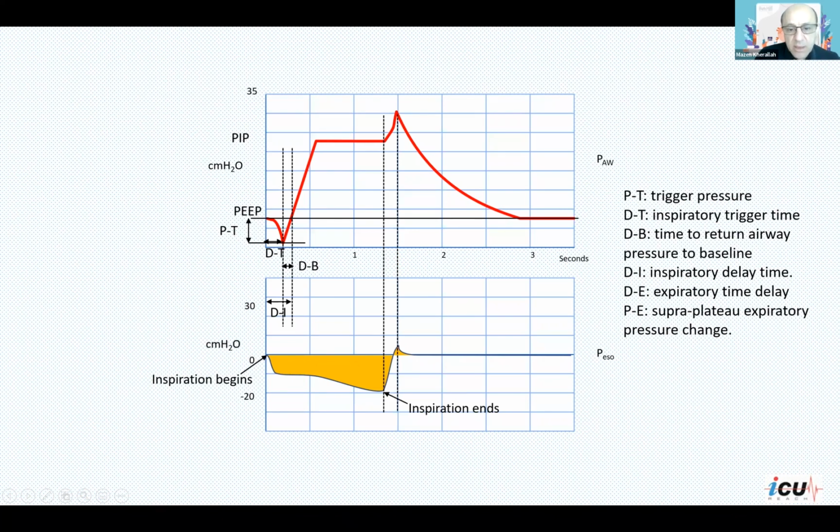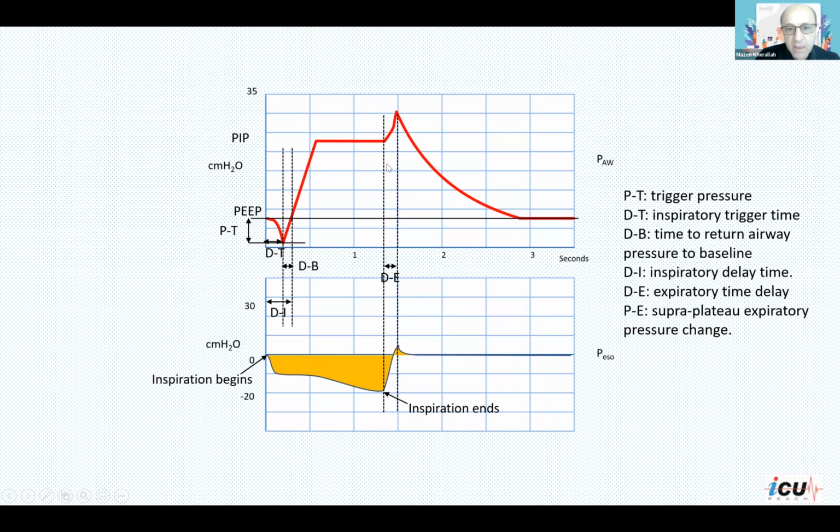This is actually called the expiratory time delay. So this is a time delay from the inspiration end of the patient, and this is actually caused by your settings. You set the inspiratory time longer than the patient's inspiratory time.